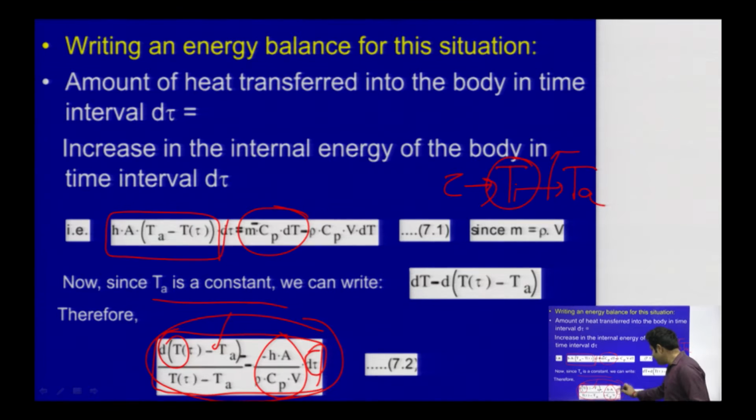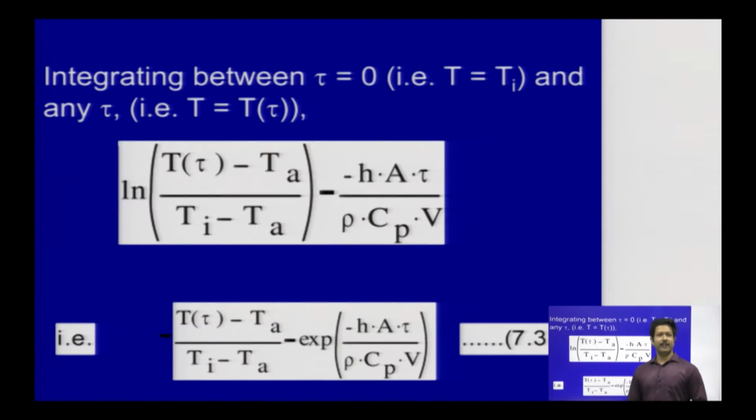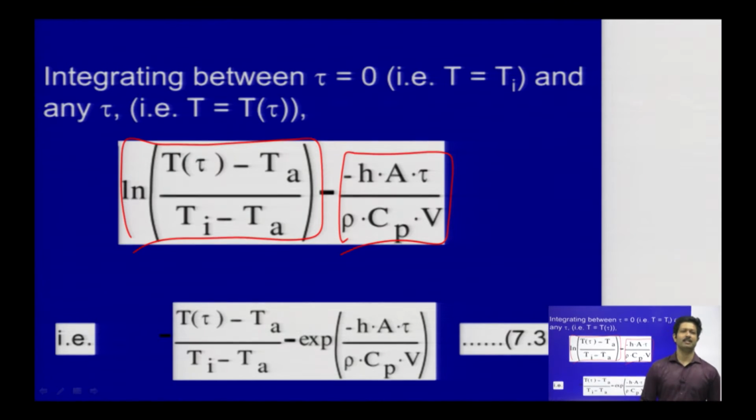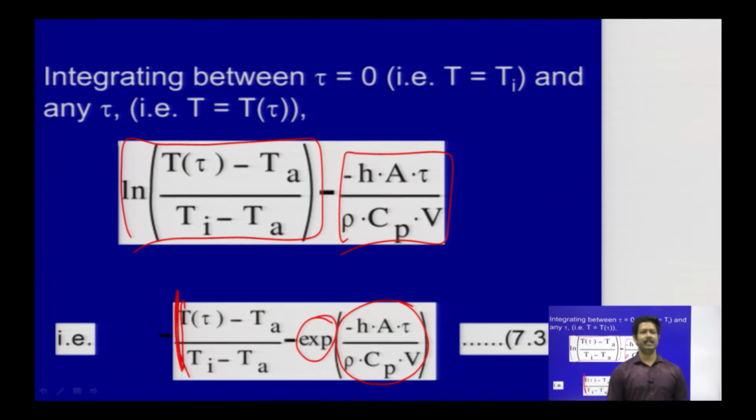After integrating, the natural log of this should equal minus hA tau by rho CpV, where V is the volume. Now if we remove the natural log from this side, it will be e to the power minus hA tau by rho CpV.